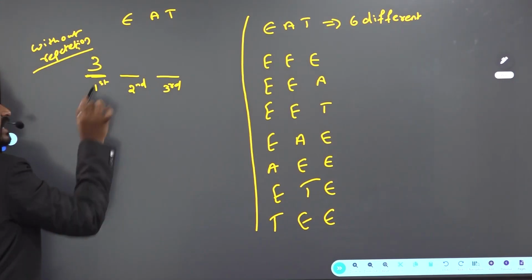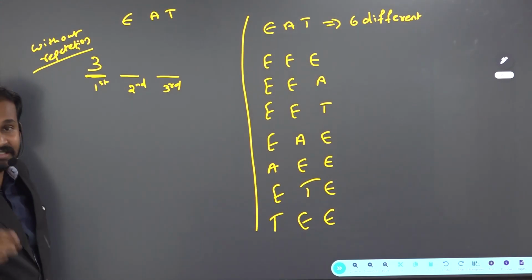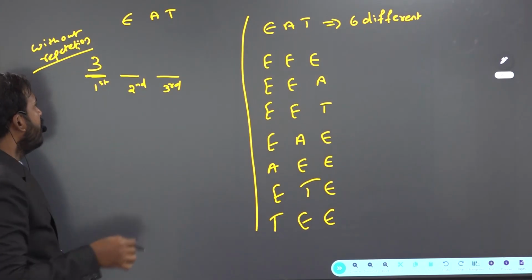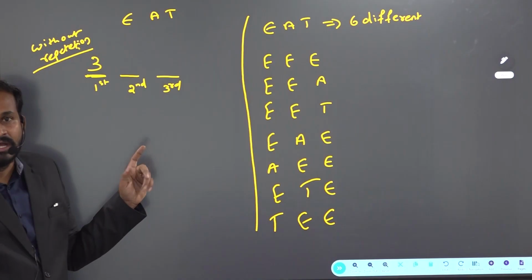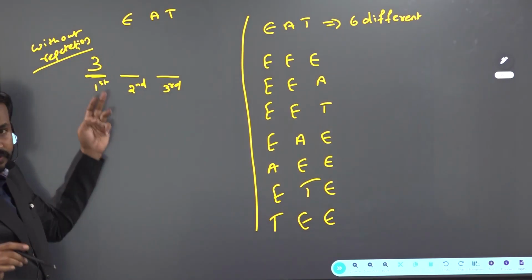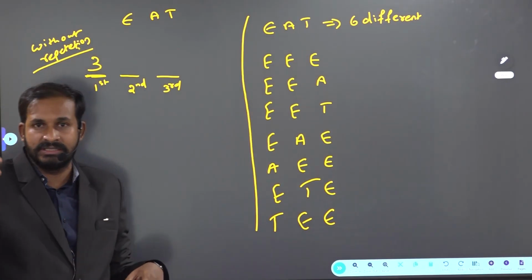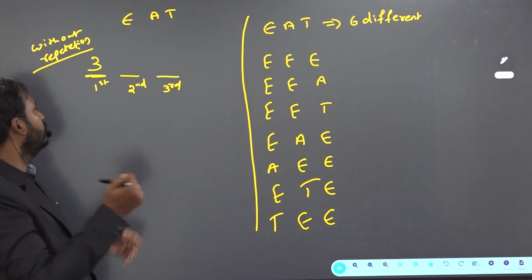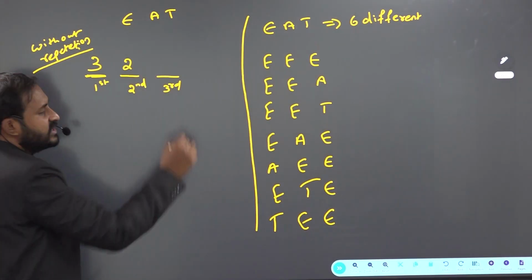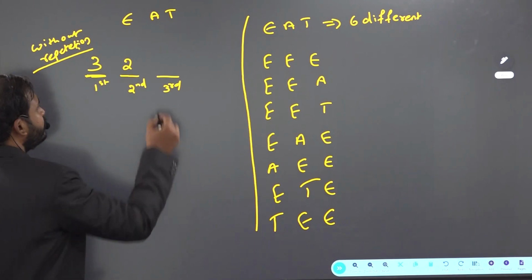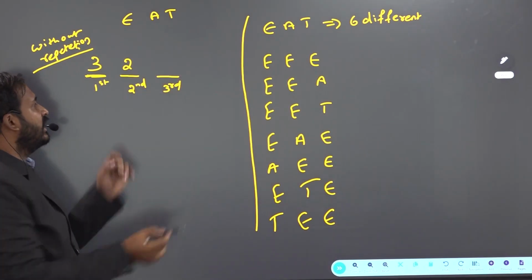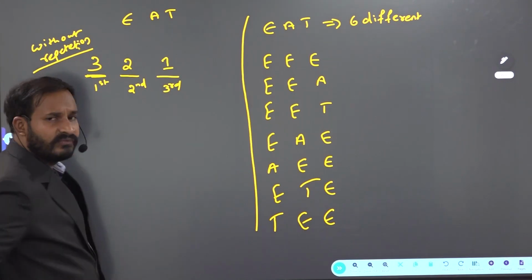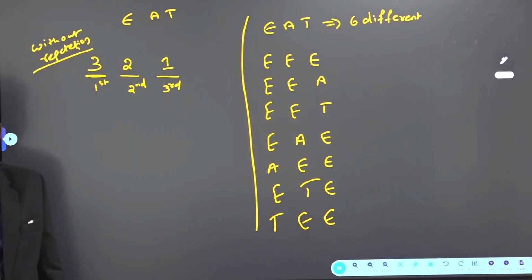Now, how many chances are there for me to fill the second position? Already 1 letter is filled at the first position. It can be either E, A or T, and out of 3, 1 is filled at the first position. Now I will be left with 2 more letters, so for the second position I will have 2 chances. For the third position, already 2 letters are filled, and the leftover will be left for me, so 1 chance.